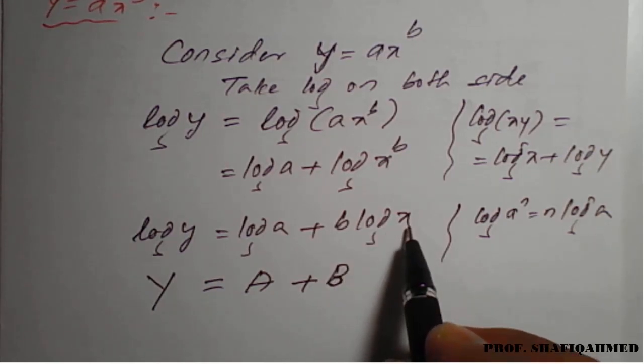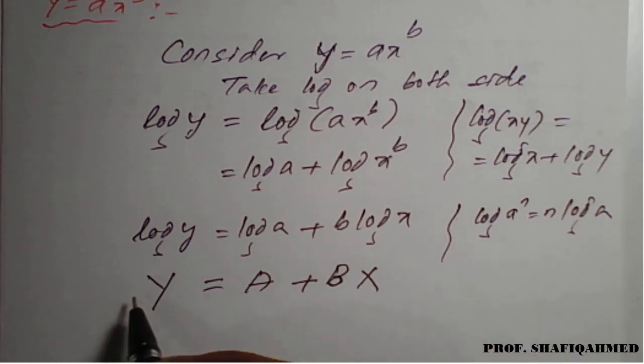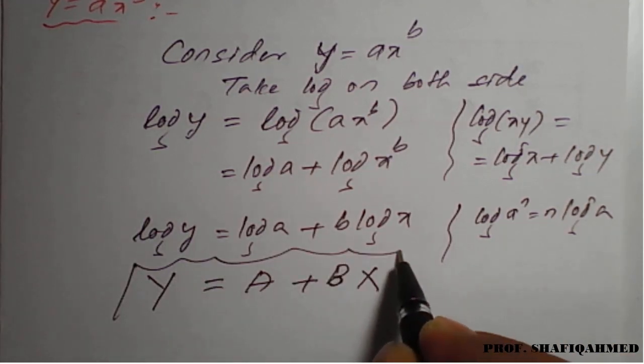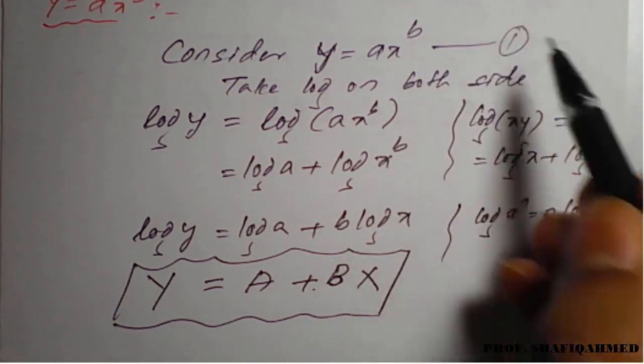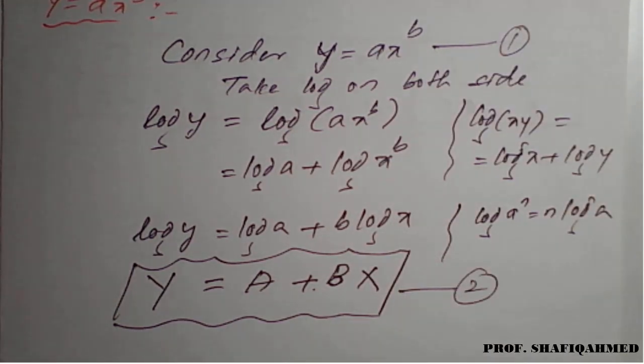And you can see that it is converted to Y is equal to A plus bX, which is again a straight line form. I will give equation number 1 for this, and equation number 2 for this.